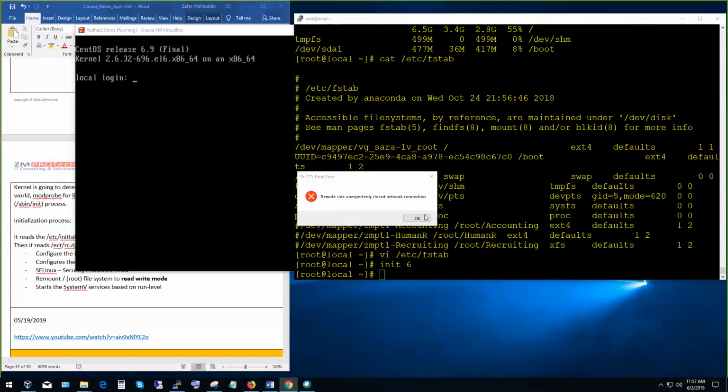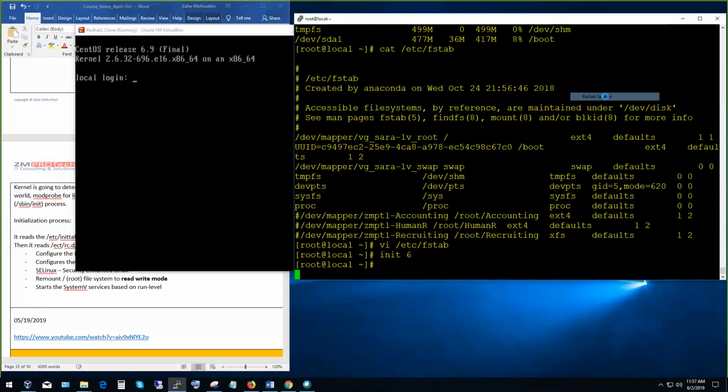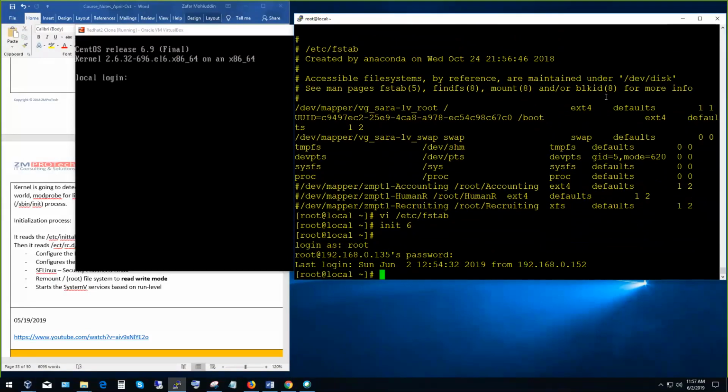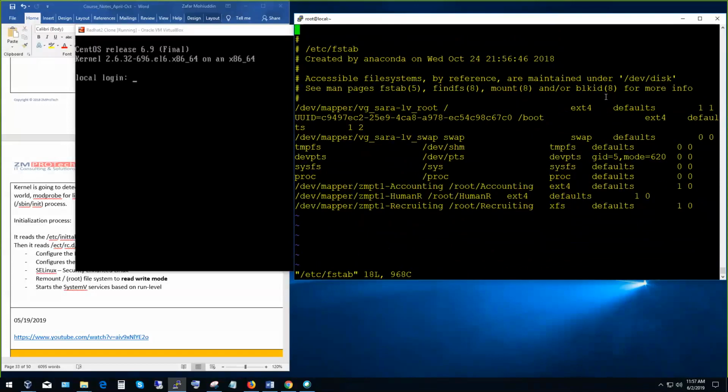Okay. So it seems like it came up good here. So why is it not halting, even though if you look at etc fstab, this is not commented out?